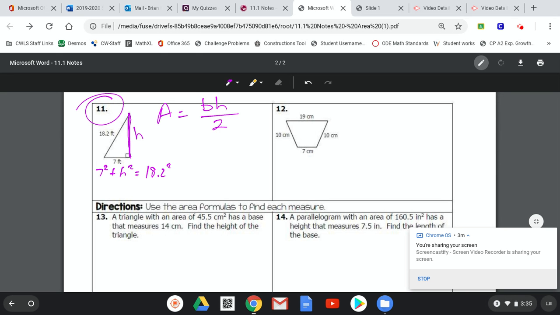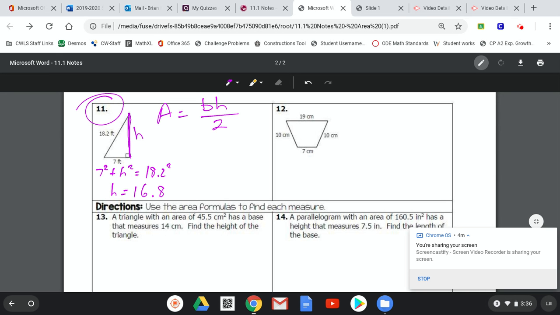This is the one where we subtract: 18.2 squared minus 7 squared. When we do that, we should get a height of 16.8. Make sure you're not getting some crazy number. You need to square root your answer. You should get 282.24 when you subtract 7 squared from 18.2 squared, and then take the square root of that to get a height of 16.8.